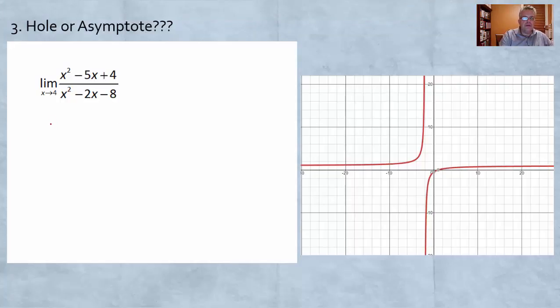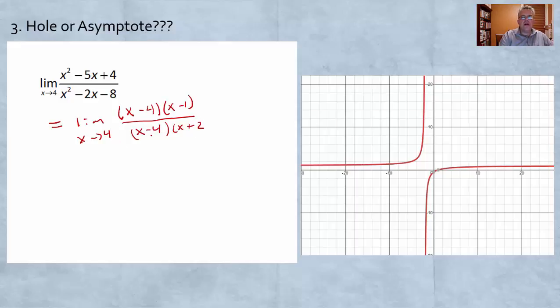This is equal to the limit as x approaches 4, and we're going to factor the numerator and the denominator. We can use our TI-89 to do this. The numerator factors into x minus 4 and x minus 1. And the denominator factors into x minus 4 and x plus 2.